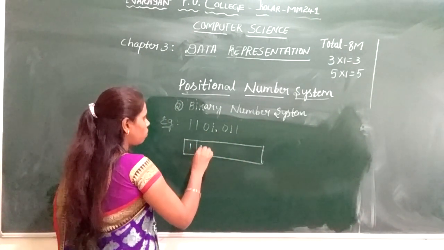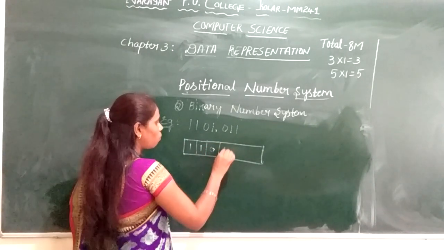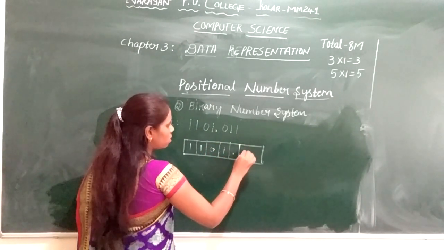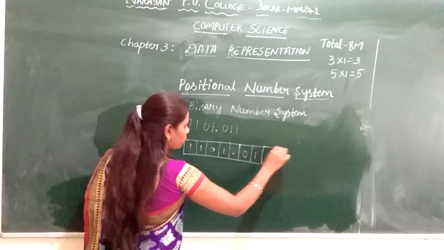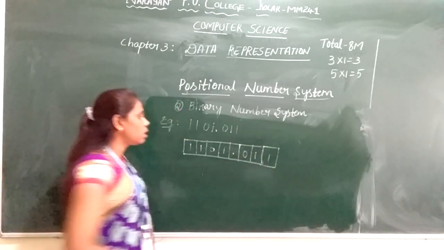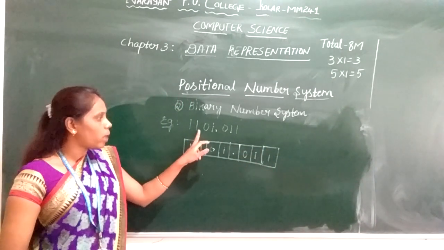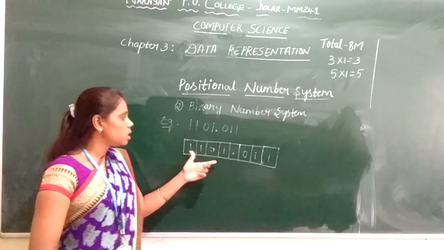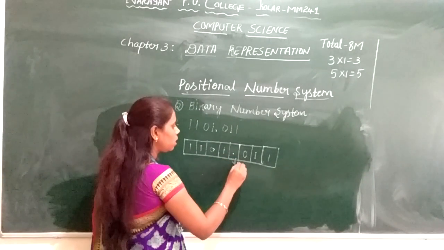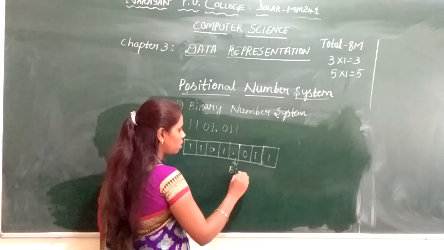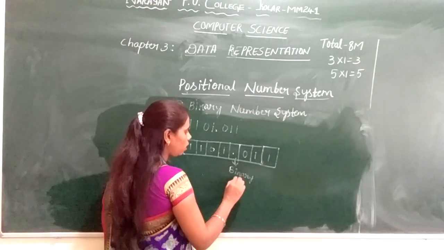1, 1, 0, 1, 0, 1, 1. This is the representation of the binary digits in our memory. See, this we call a binary point.